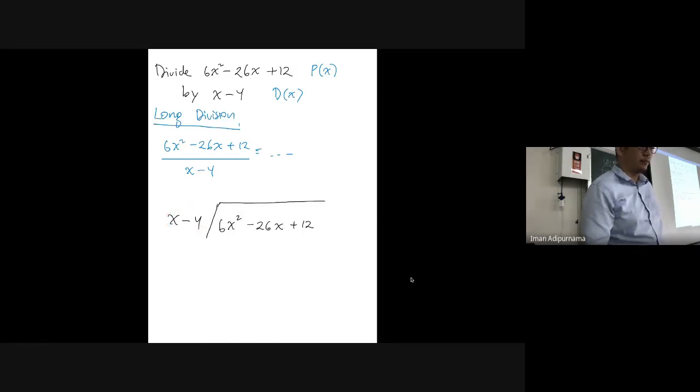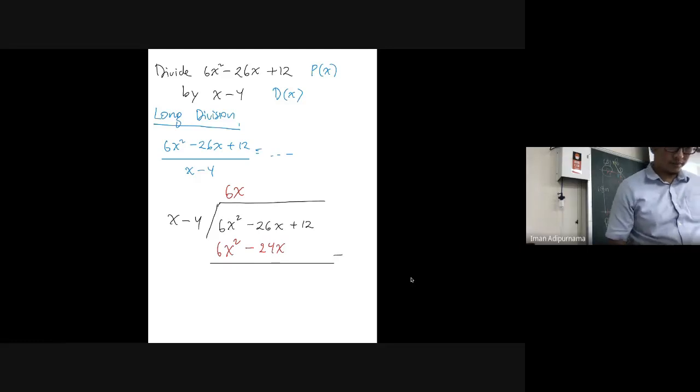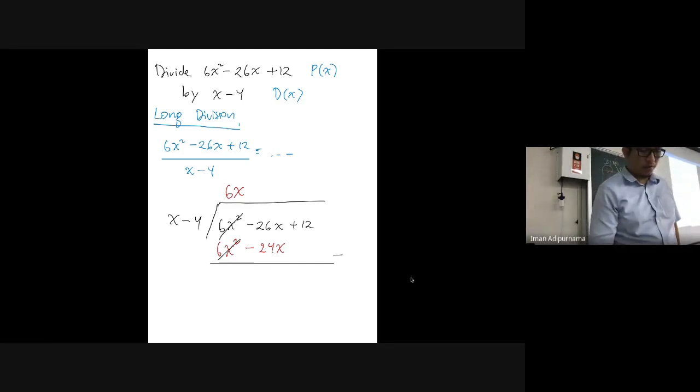You write 6x and write down 6x squared minus 24x. Then subtract. This cancels, and this becomes negative 2x plus 12.